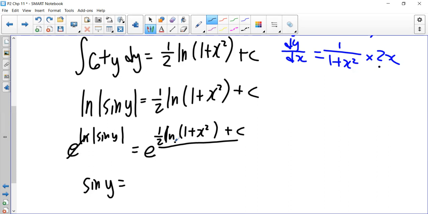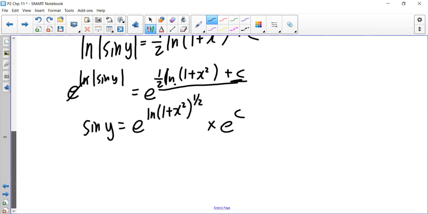So we can do two things in here. One, we can put the half into the power. Next, we can separate this plus c into times e to the power of c. Same trick as the last question. And then we let A be e to the power of c.